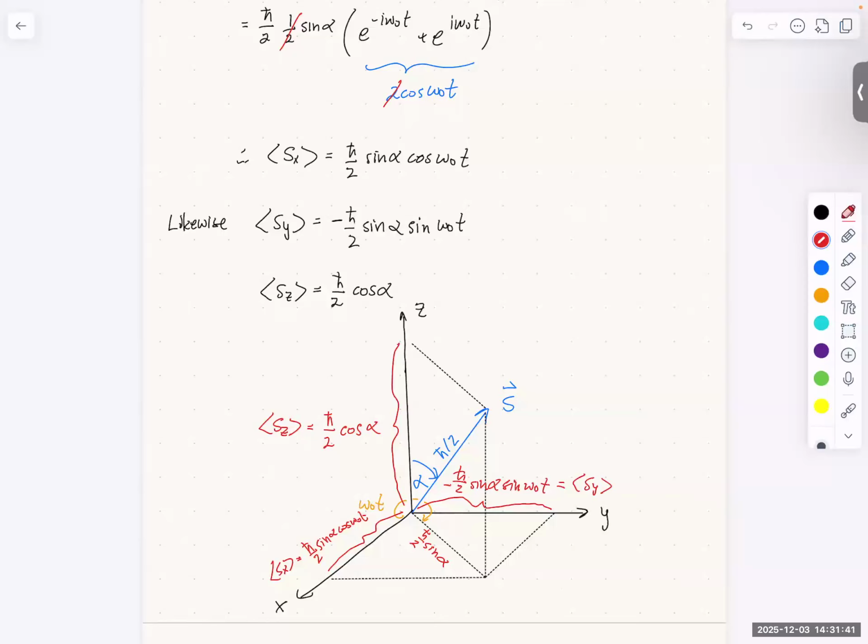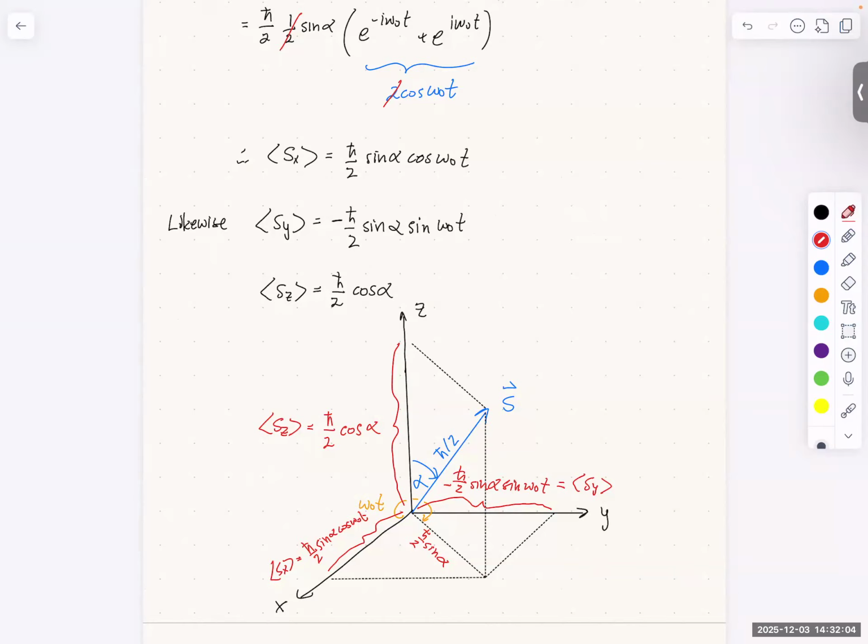And so if you look at this picture, what's going to happen is this blue vector is just going to keep rotating around the z-axis forever. And it's going to maintain a constant z component of the spin, but the x and y components will be evolving all the time.